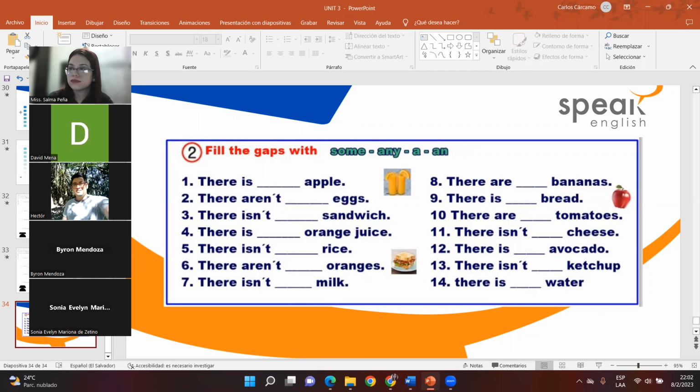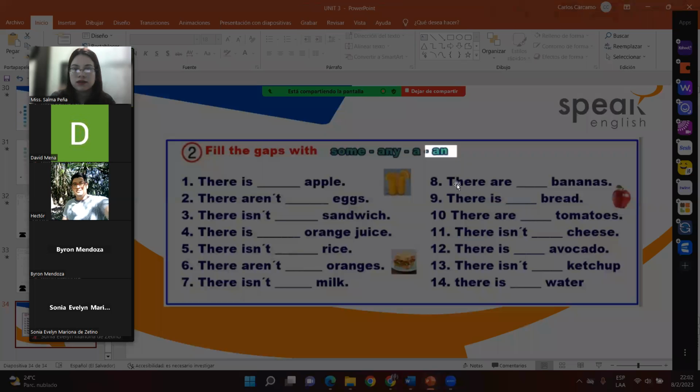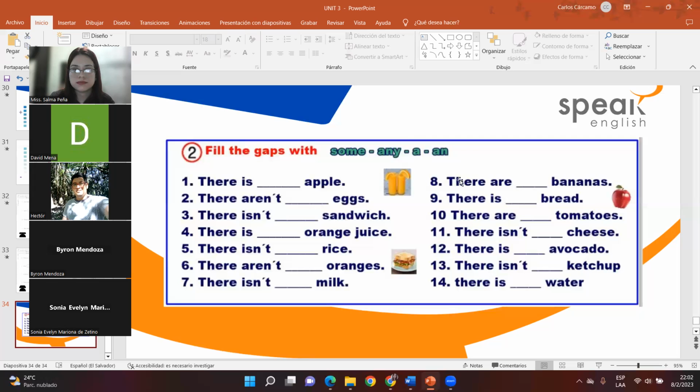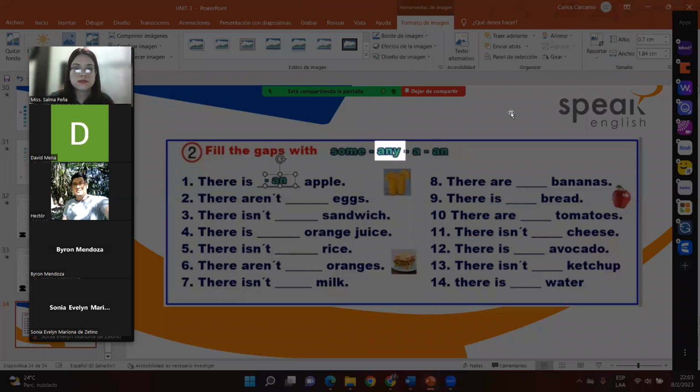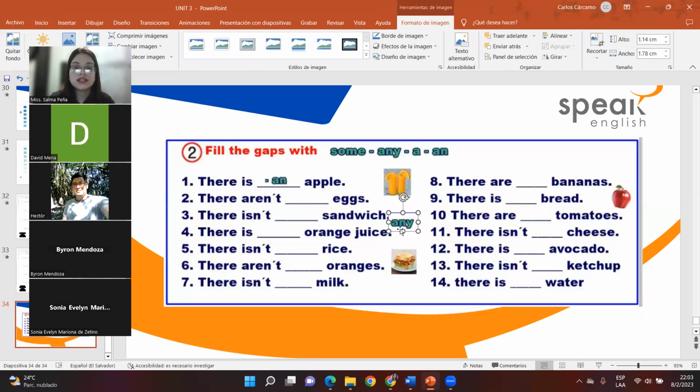There is an apple. Exactly. Number 2, Abby? There aren't any eggs. Yes, that's okay.